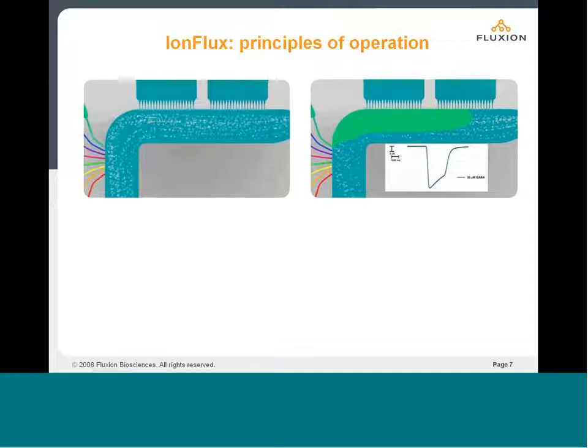So once this compound, let's say it's B8 in this instance, is being delivered to the cells, this would be happening simultaneously at all 16 recordings in an IonFlux 16 or all 64 in an IonFlux HT.